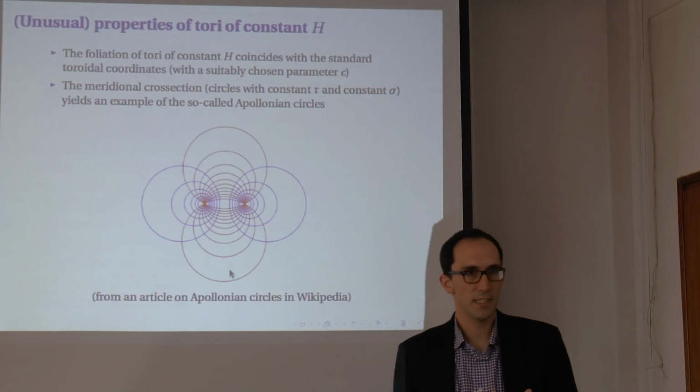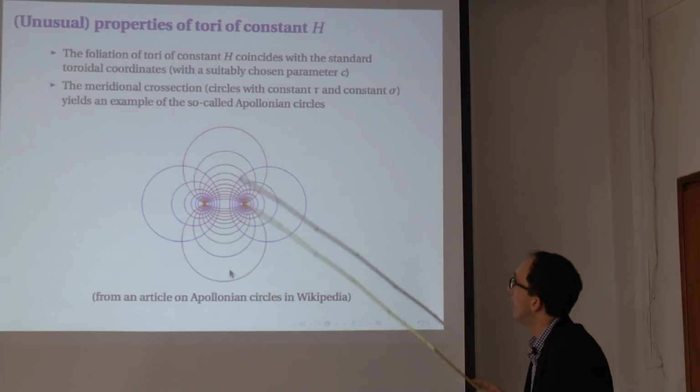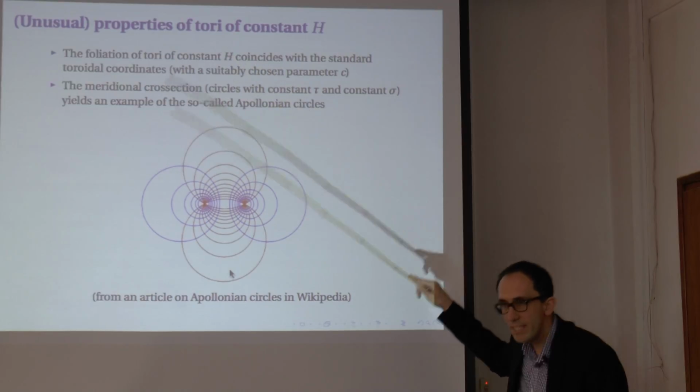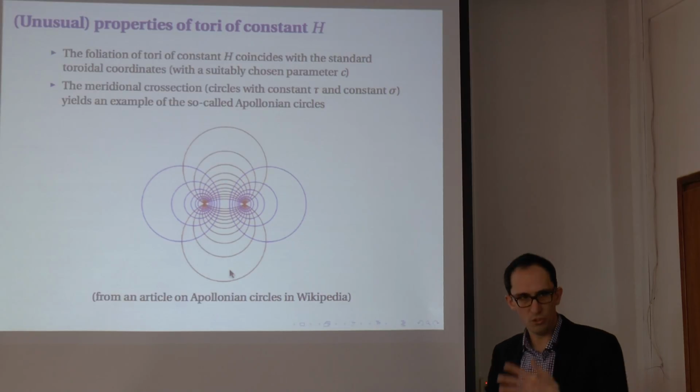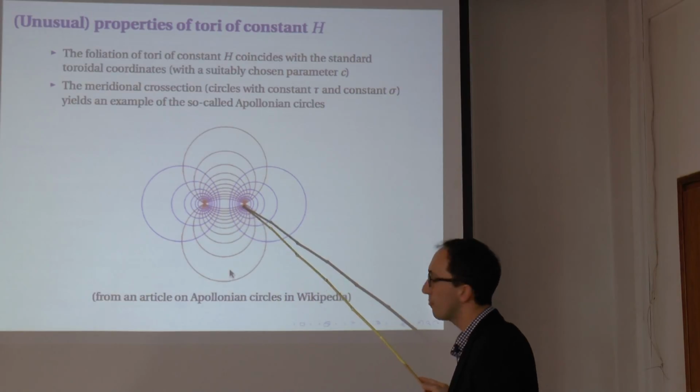Now the thing that I find intriguing here is that you see this foliation by tori of constant h is entirely dictated by the properties of this coordinate system. And actually, I've taken this picture from Wikipedia.